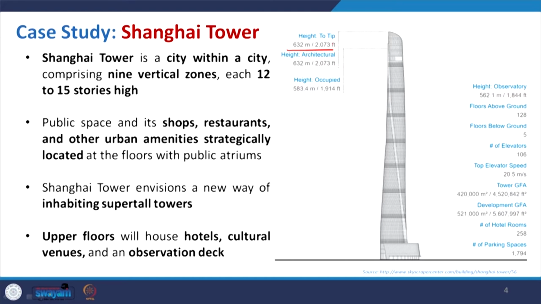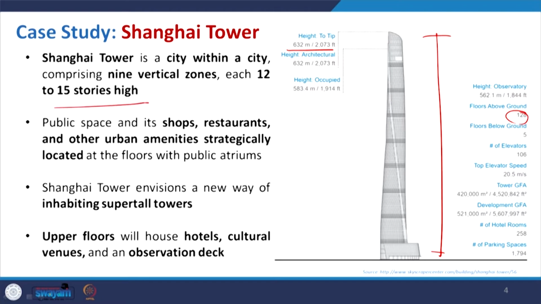and if you consider the floors above ground, it is 124. This is really a tall structure, and the whole height is divided into several zones, each having say 12 to 15 stories with different functions assigned.